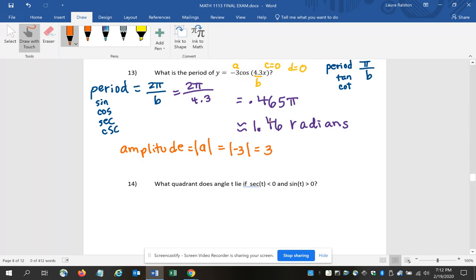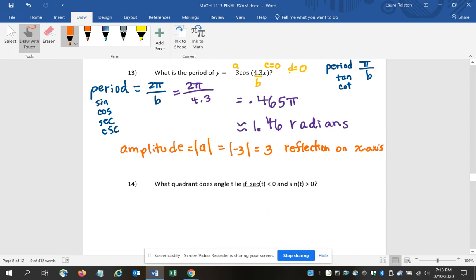Now, the negative is important because that negative tells me there is going to be a reflection on the x-axis. So you can't just ignore that.